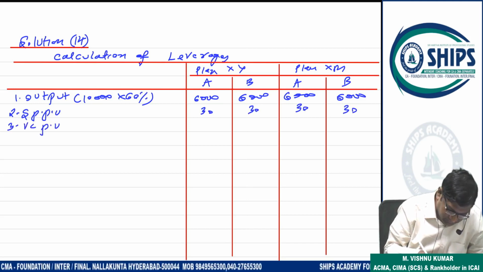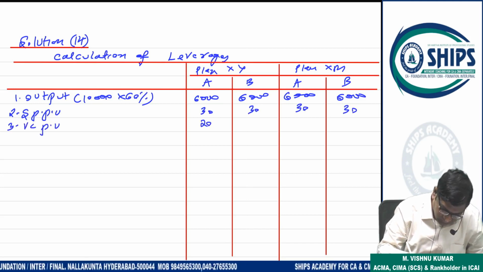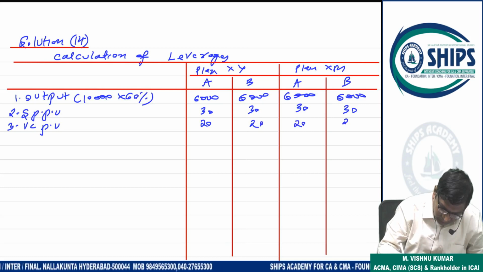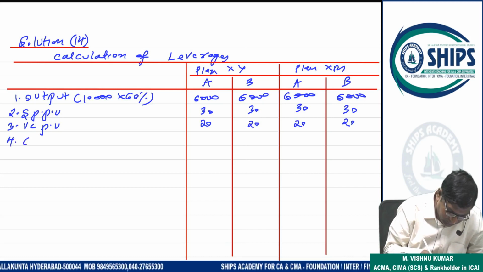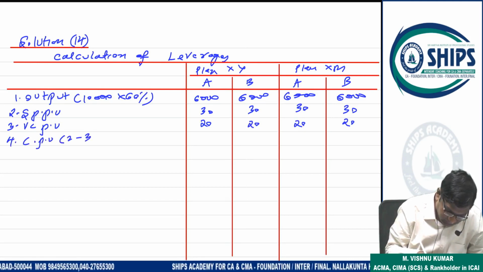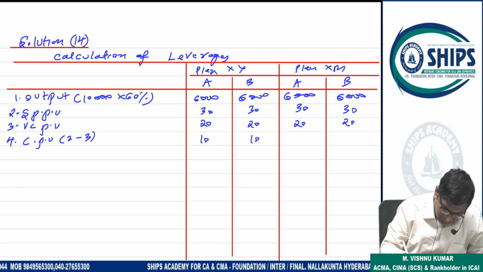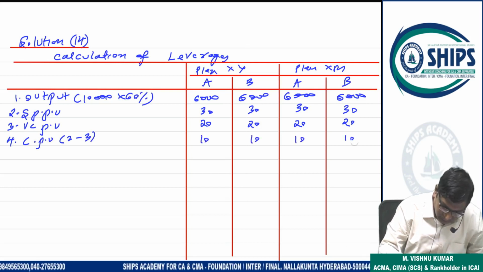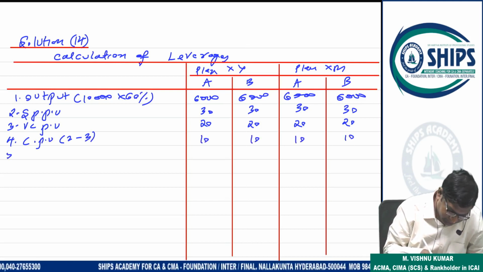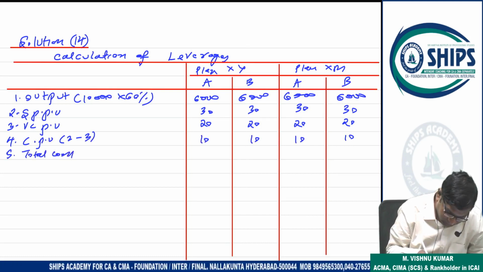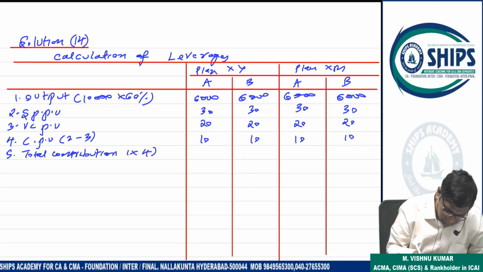Next, variable cost per unit. Next, contribution per unit. Next, total contribution.